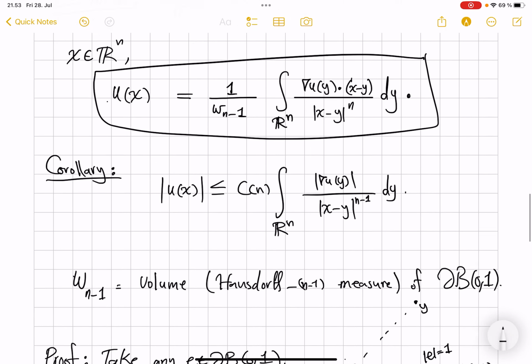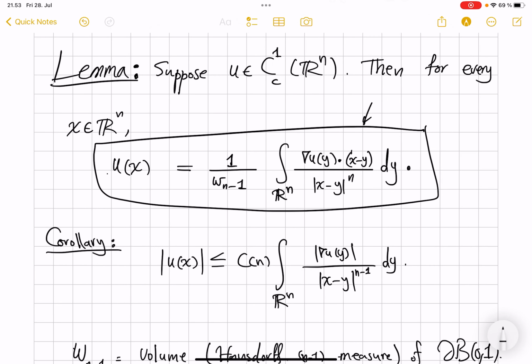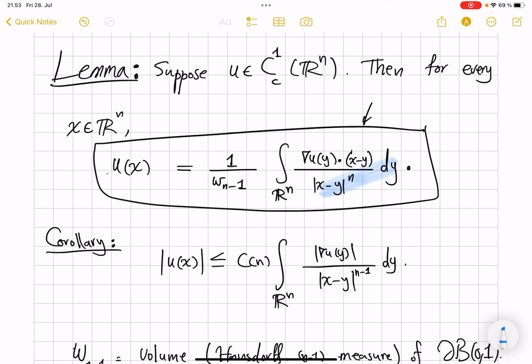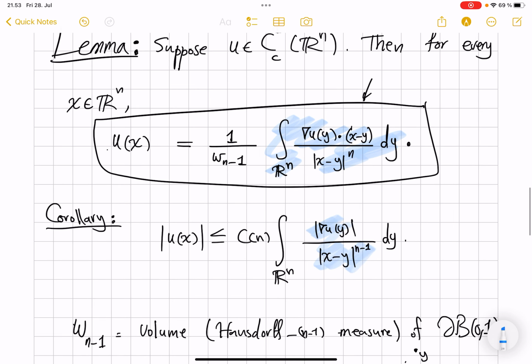Again, the claim is that despite its look, this right-hand side is a really nice operator, and we know a good bunch of Lp bounds on this.